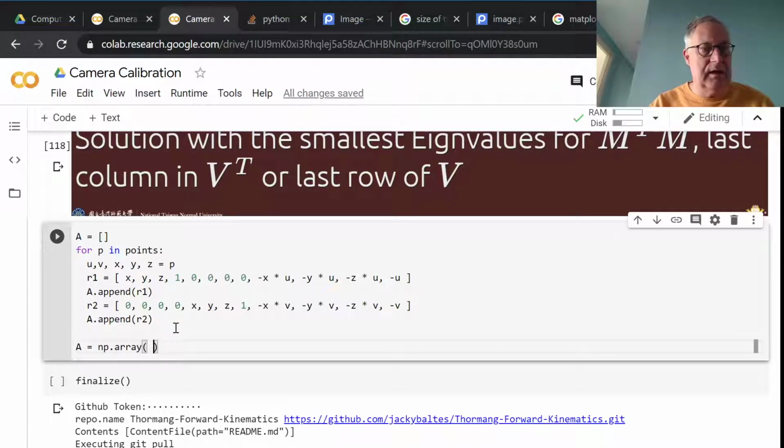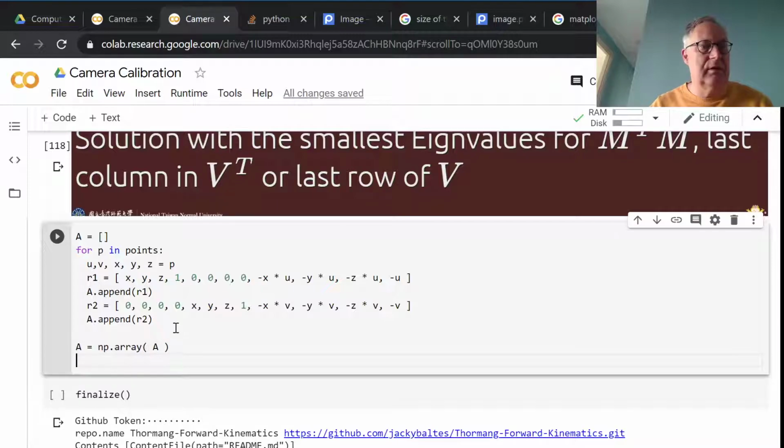Then I'll take that and convert that list into a NumPy array.